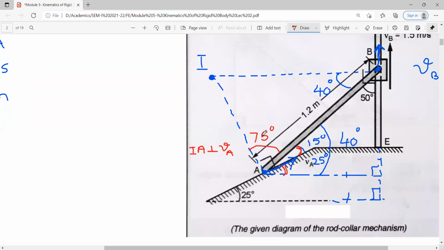One angle is 75 degrees, another is 40 degrees. So this angle will be equal to 180 minus 75 minus 40. That will be equal to 65. This angle will be equal to 65 degrees.